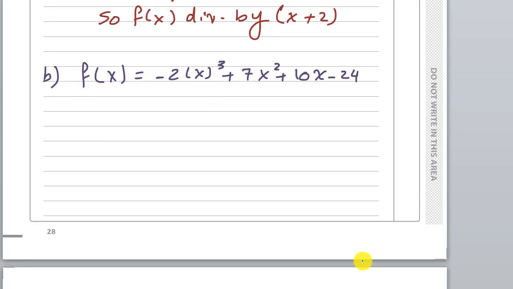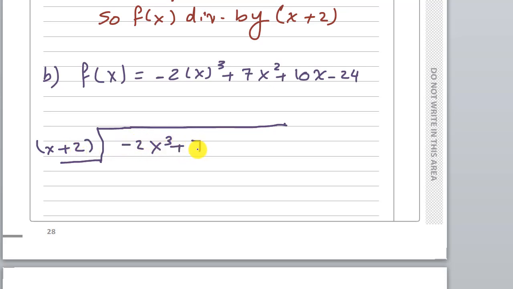Let us make the long division. x plus 2 into minus x power 3 plus 7x squared plus 10x minus 24. So minus x squared, minus x power 3 minus 2x squared.